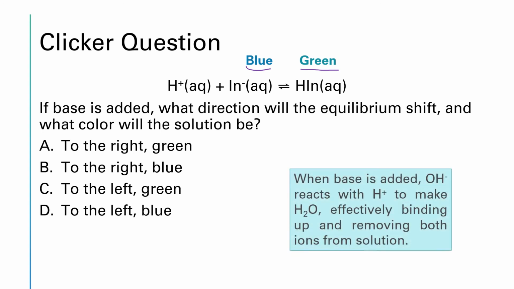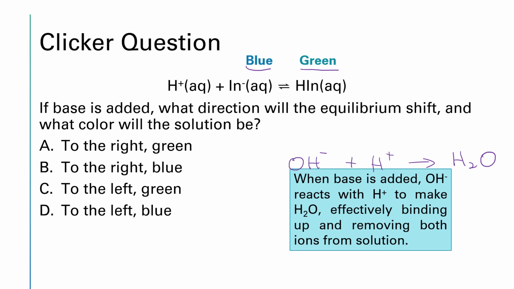Okay, well, this is a little tricky, because if we add base to this reaction, base is hydroxide ion, and it will react with hydrogen ion to make water. So adding hydroxide ion, adding base, effectively removes the H plus ions from the reaction.